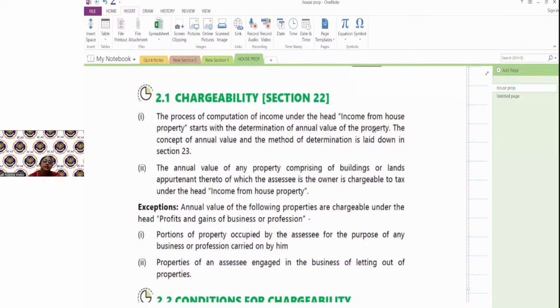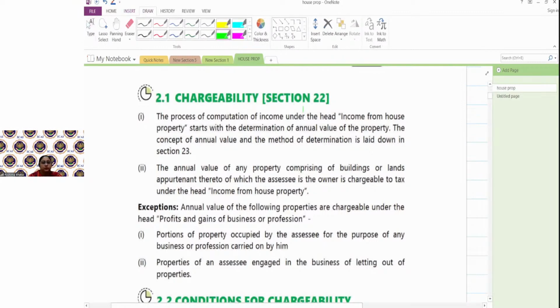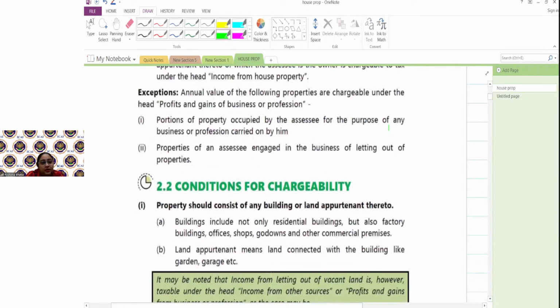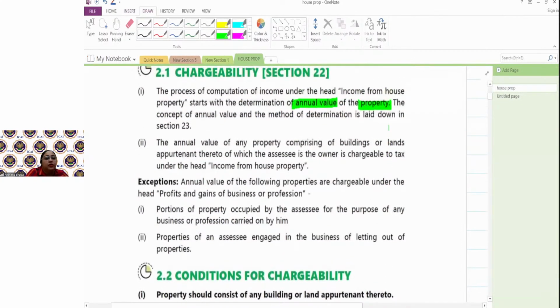Now the charging section of house property says that the annual value of the property shall be charged under this section, provided you are the owner of that property.